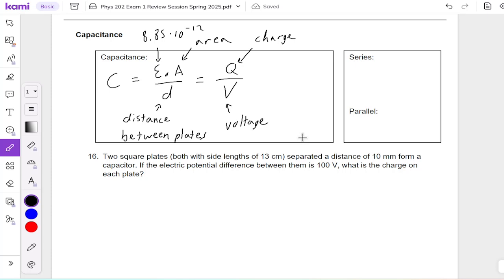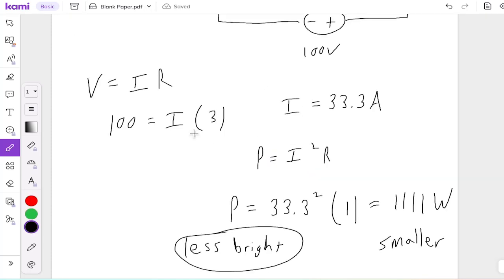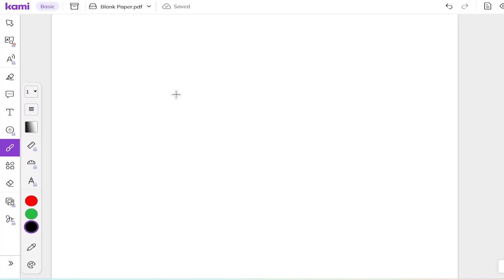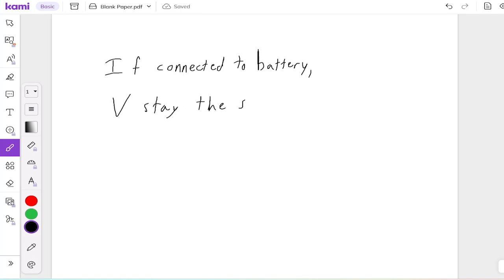Okay, now one more thing. This is probably the most important part of capacitors because it's not obvious. If you're connected to a battery, then voltage V is going to stay the same, and charge Q is what's going to change.